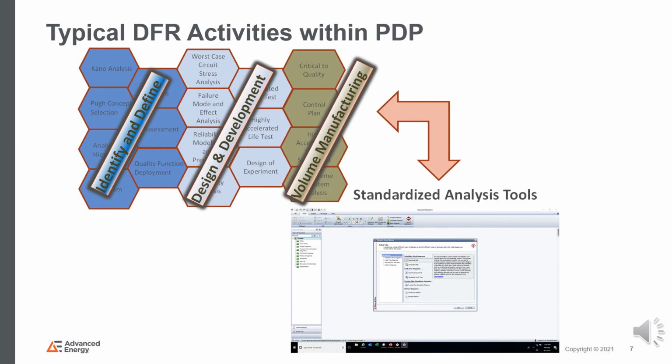Next set of activities performed in the design and development stage is to develop the design and optimize it in a way to ensure the product performance meets the reliability requirements.